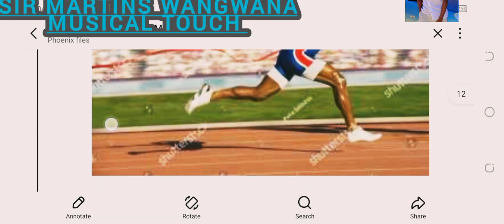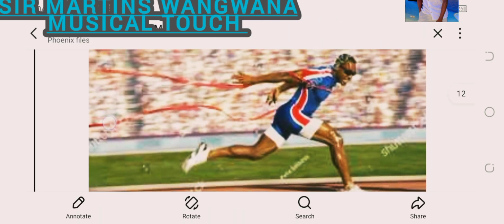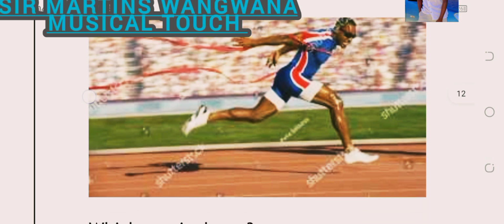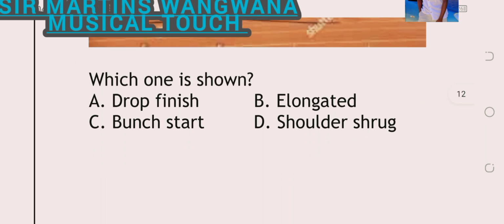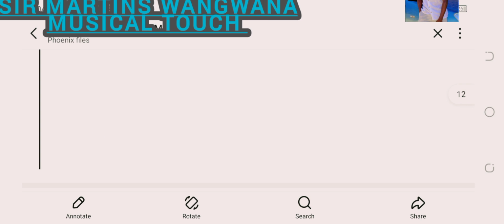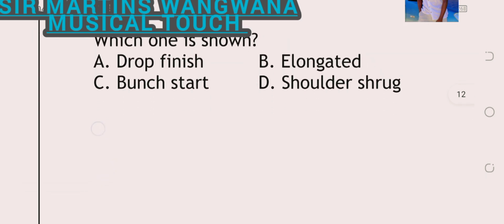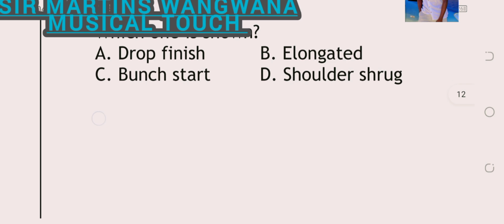The other one that we discussed earlier was shoulder shrug. You first have to touch the line with the shoulders, but when it touches the chest, that one we say drop finish. So the correct answer there is, not B, it's A.